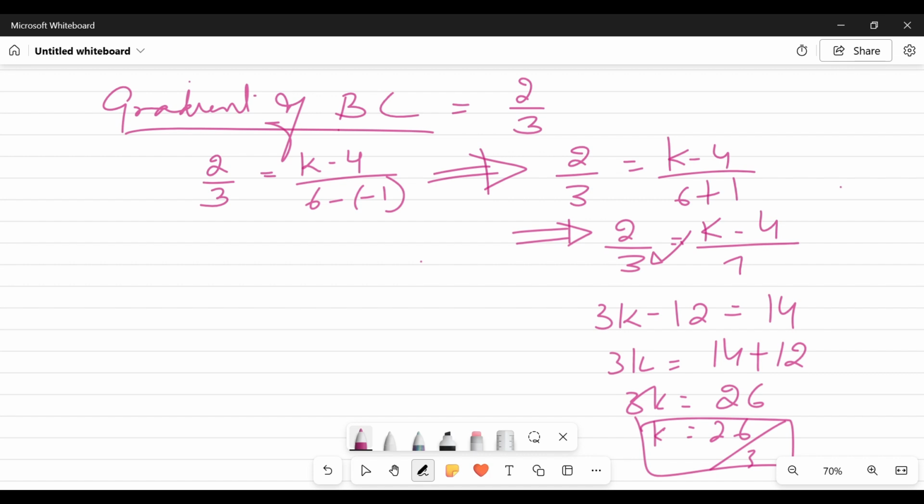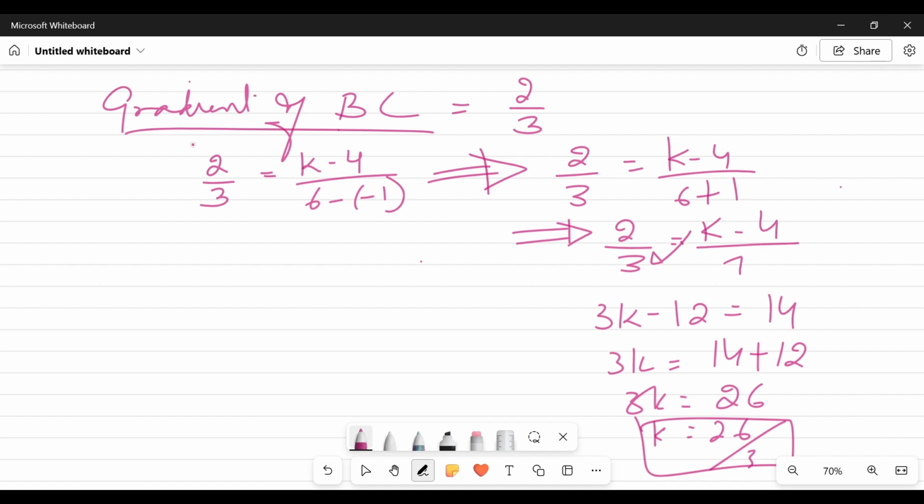Question number 3 is also similar. What do we need to do in question number 3? The question says the vertices of triangle ABC are: A is (-1, -3), B is (2, 3), and the next one is C (2k, -5). We need to find the values of k if AB is perpendicular to BC.